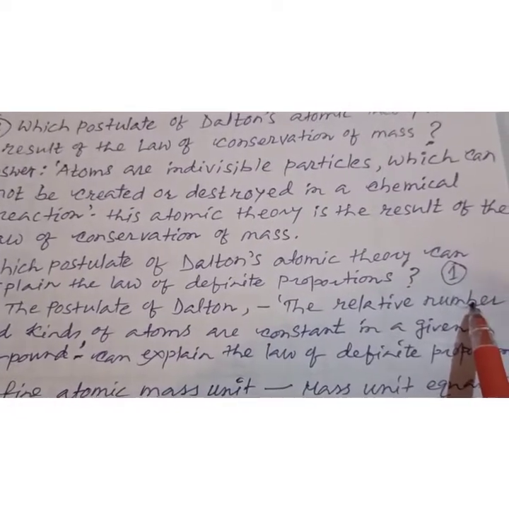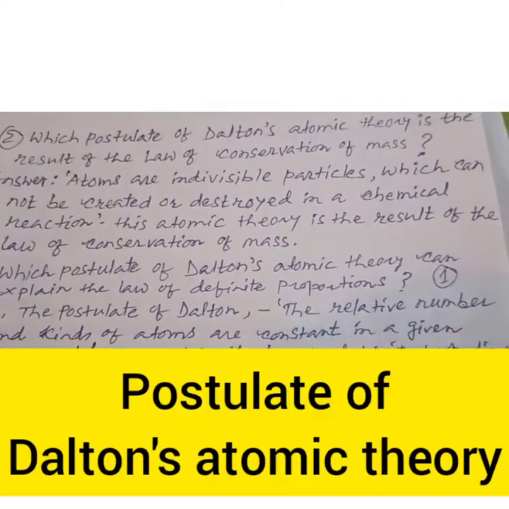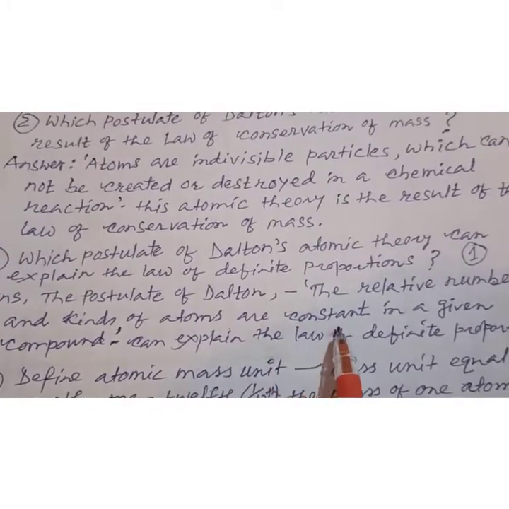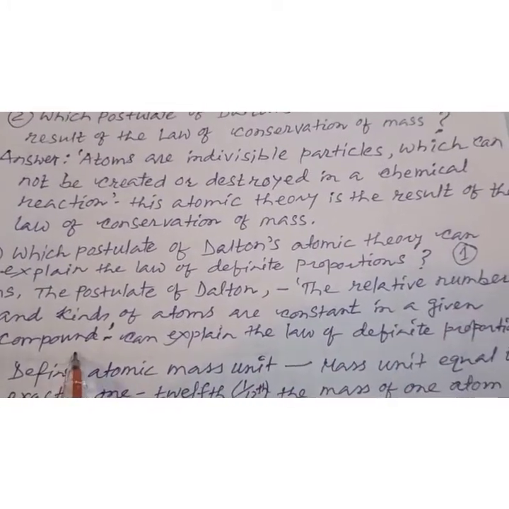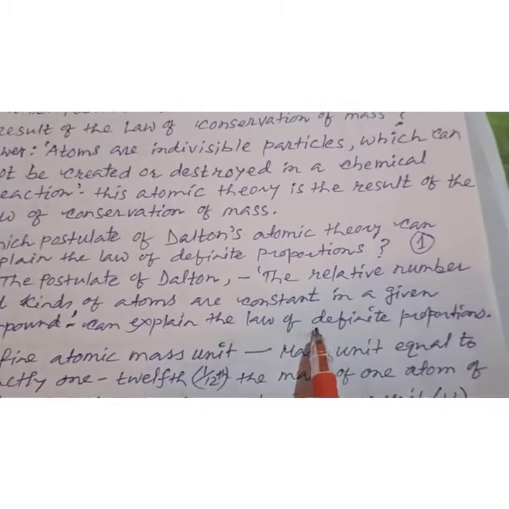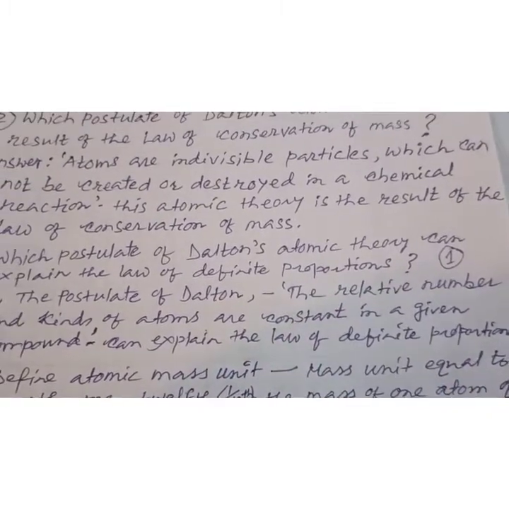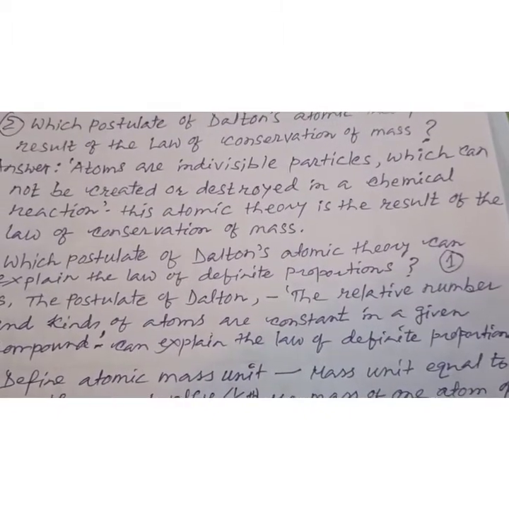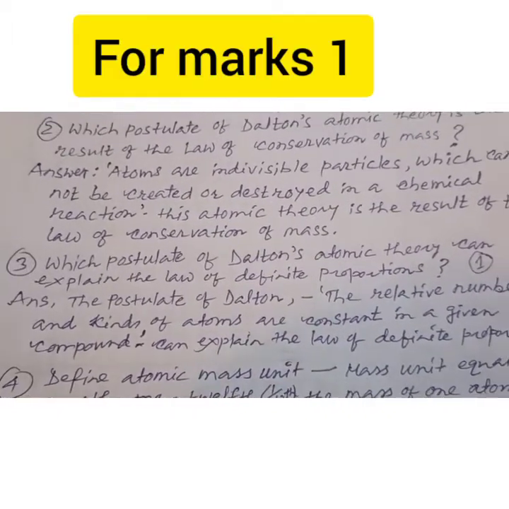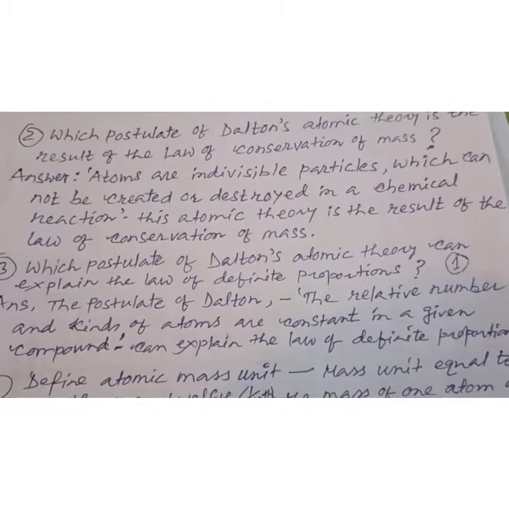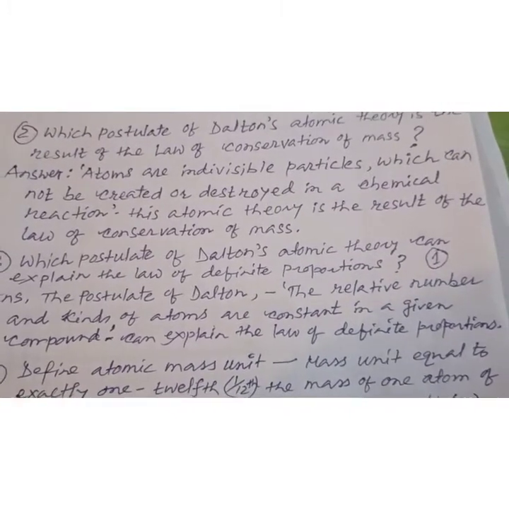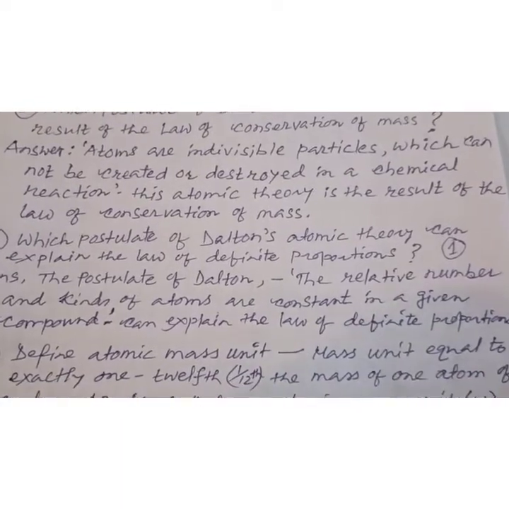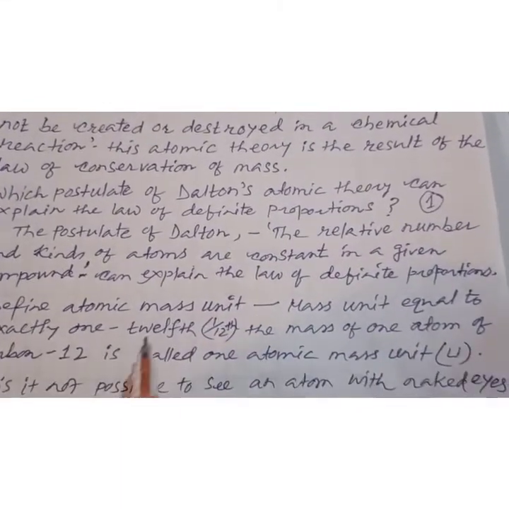You write the relative numbers, okay, and kinds of atoms are constant in a given compound. So we can explain the law of definite proportion depending on that. That is also not a hard one. This question used to come as a short question, okay, having 1 mark. Next, define atomic mass unit.